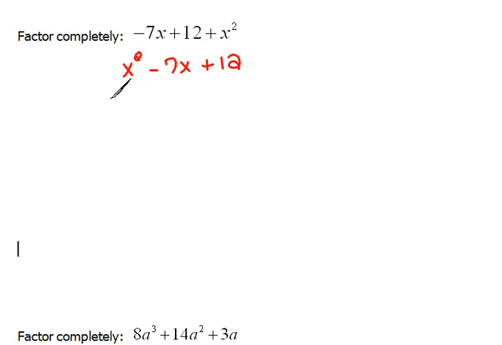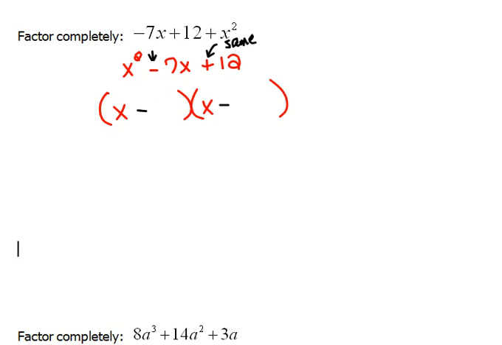So since this is a 1, we're going to factor by the trial and error method, which means that we're going to break up the x squared first into x times x. Our signs are going to be the same because that's a positive 12. This one tells us which they are, so they're both negative.